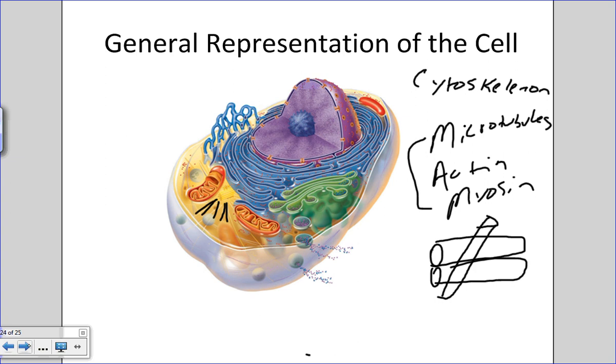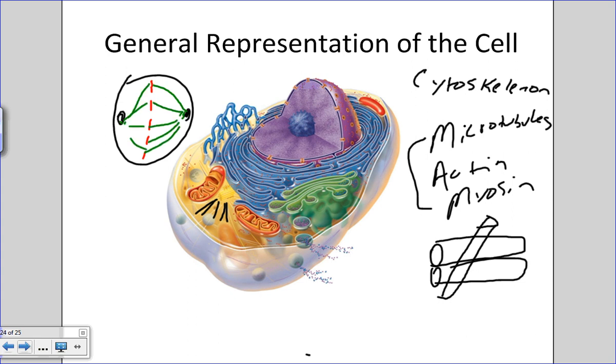All right, and what happens basically when we want to divide a cell is these spindles migrate to each pole of the cell, and then they pull on the chromosomes of the genetic material. These spindles kind of branch out, grab onto the chromosomes, and then pull them towards each pole. All right, and then the cell's going to split in two and form two genetically identical daughter cells.